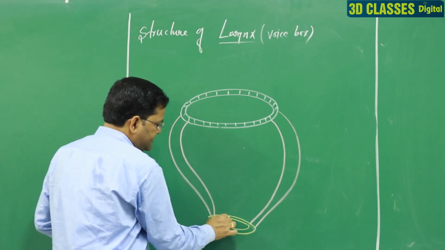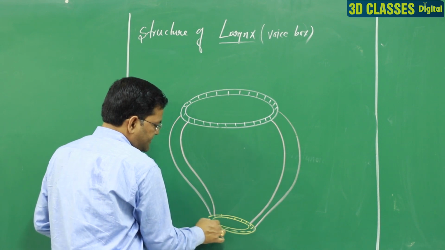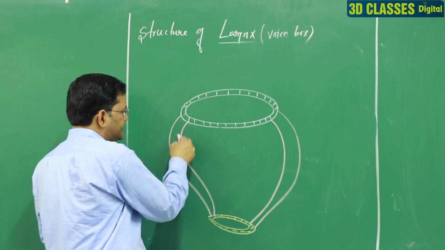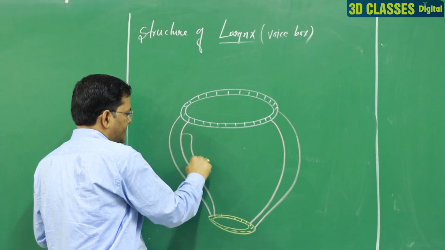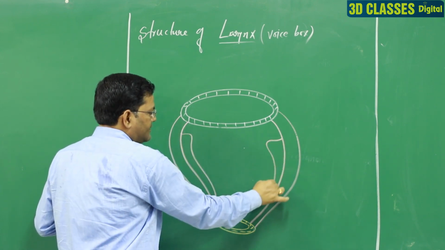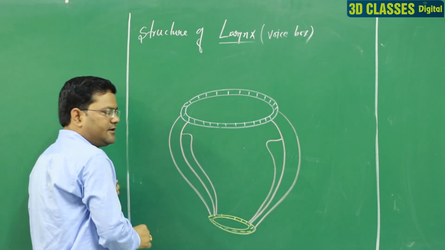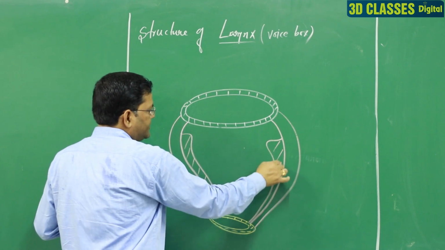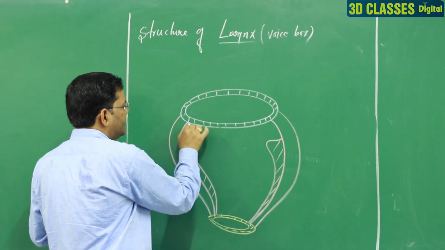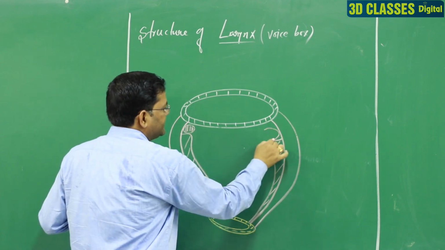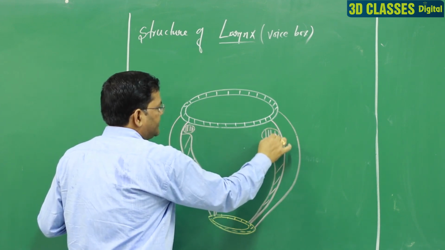That means these are three types of cartilage, and this arytenoid internally is broadened, and at the upper region of this arytenoid is found a special elastic cartilage.